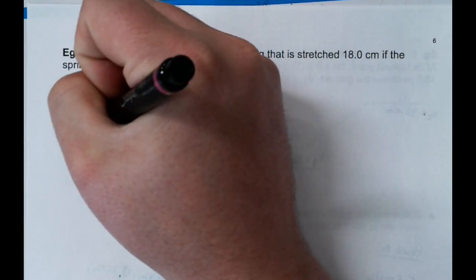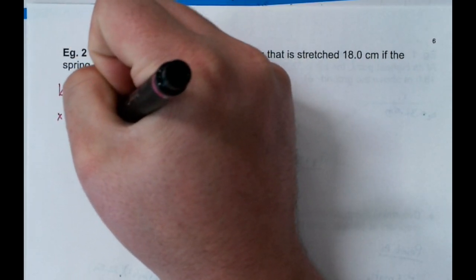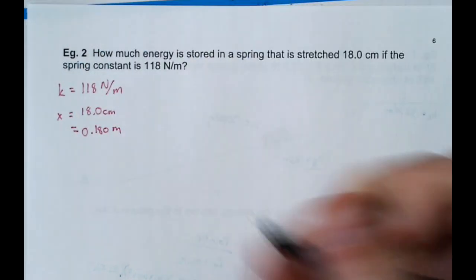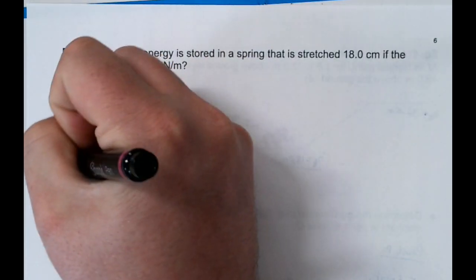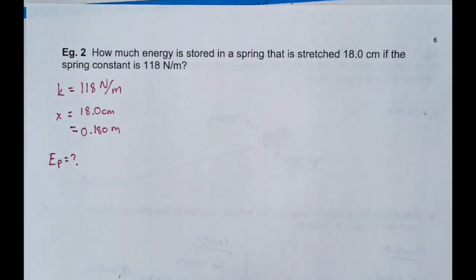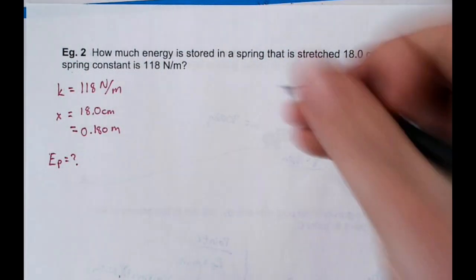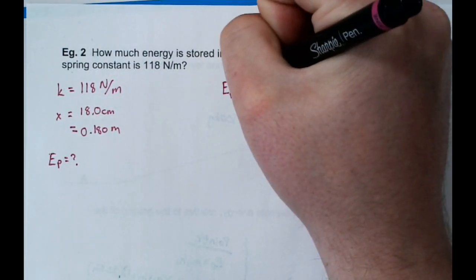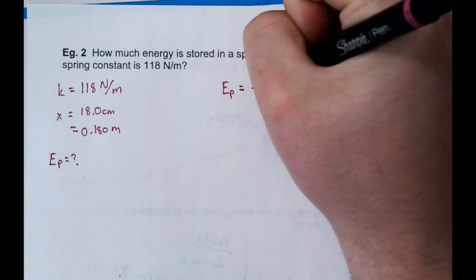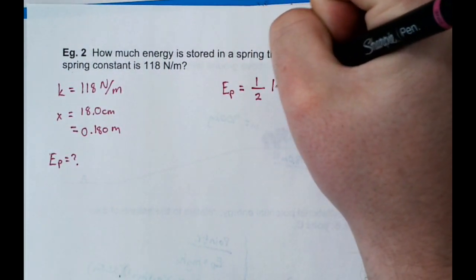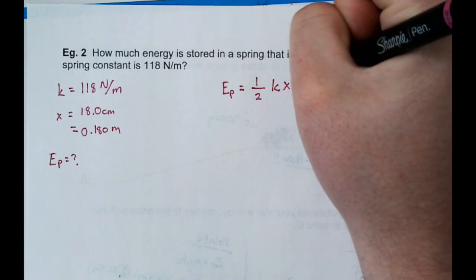We want proper SI units, so that's going to equal 0.180 meters. And we want to determine what is the potential energy. So our formula for elastic potential energy is equal to 1/2 kx squared.